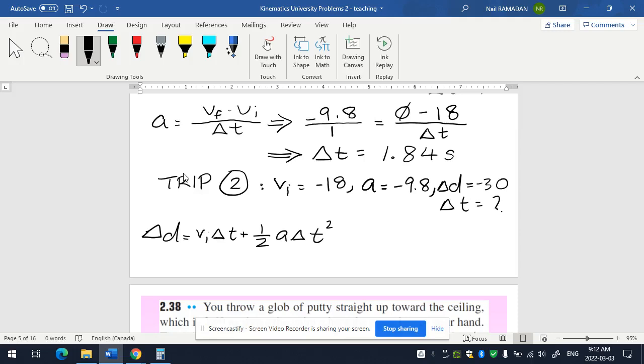Grade 11, grade 12, got a square part in it, starts with a q, quadratic equation. So this will be: negative 30 equals, what's the time? Oh, we didn't know it. But what's the Vi? Negative 18 delta t plus half with a minus, so negative 4.9.